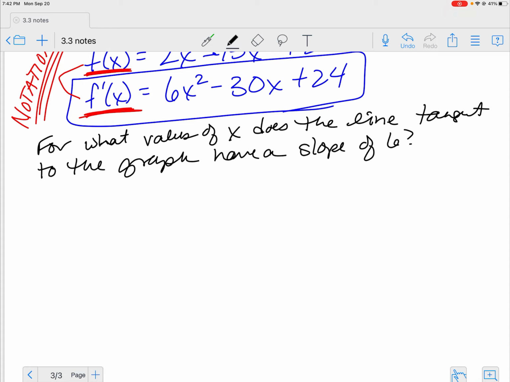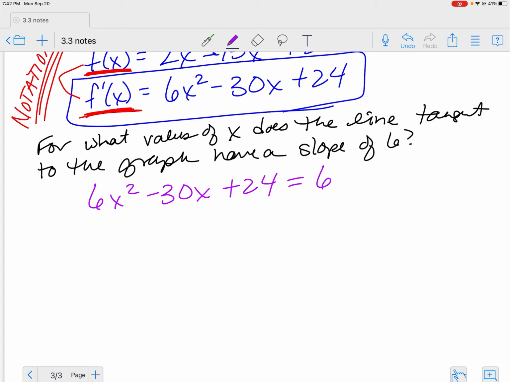Yes, it is. So this problem is kind of backwards from what we have been doing, because typically we say, write the equation of a line at this specific point, and you have to figure out what the slope is. This problem is giving you the slope. So that tells me that my derivative is equal to 6 because that is my slope.